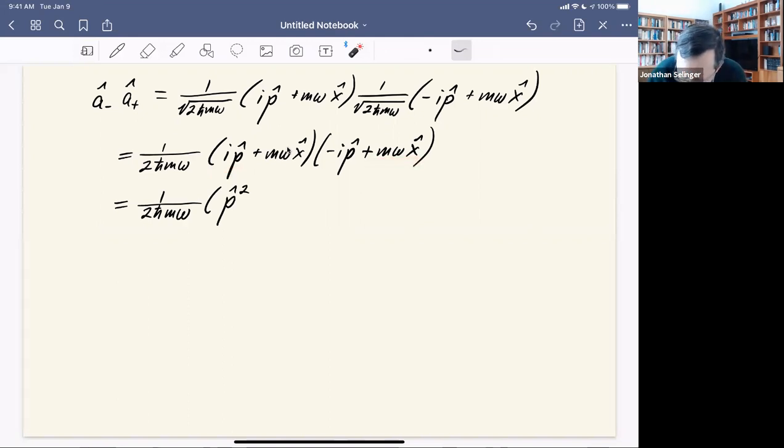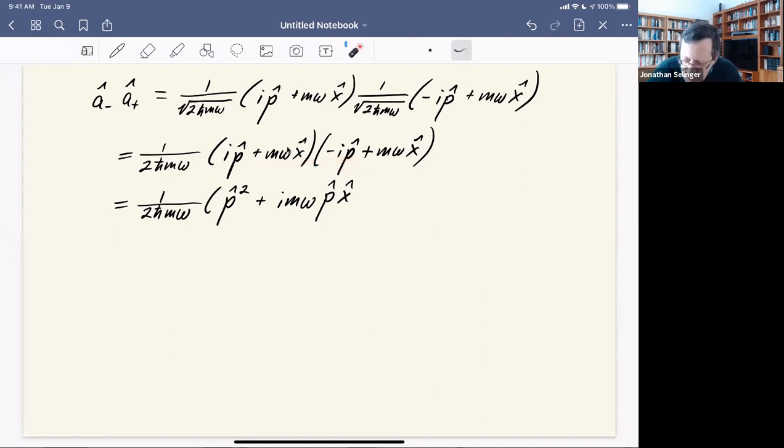Now how about the first thing here acting on the second thing? So this gives us plus I m omega, those things are all constants, p x, that sequence. Now, what about the second acting on the first?